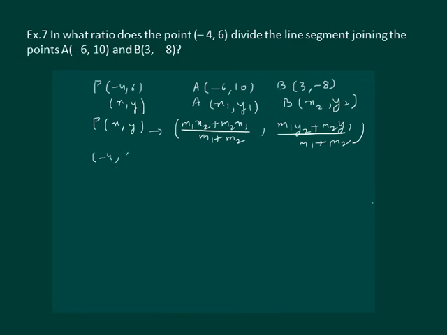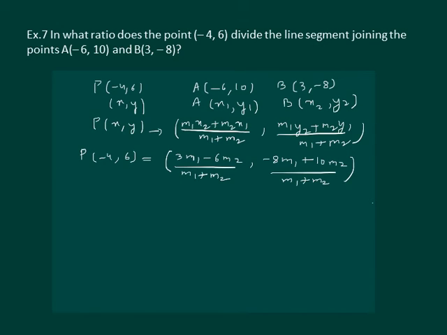The x and y coordinates are given to us, and it is equal to (3 times m1 minus 6 times m2) whole by m1 plus m2, and (-8 times m1 plus 10 times m2) whole by m1 plus m2, which gives us -4 equal to (3m1 minus 6m2) whole by m1 plus m2, and 6 equal to (-8 times m1 plus 10 times m2) whole by m1 plus m2.